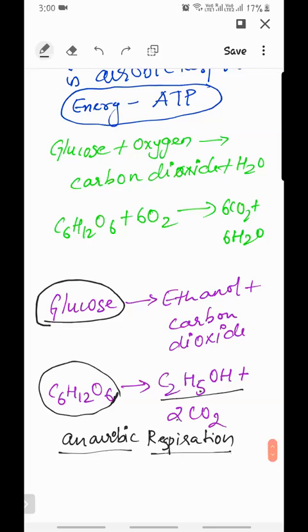So in the anaerobic process, lactic acid will be released by the muscles. If you don't take oxygen, then you will die. Oxygen is very essential. Oxygen is what makes you live and what makes you do work.